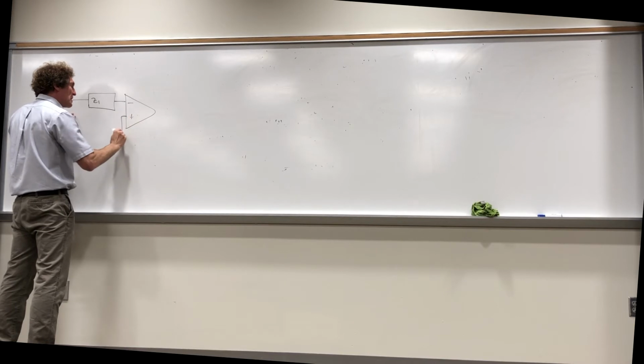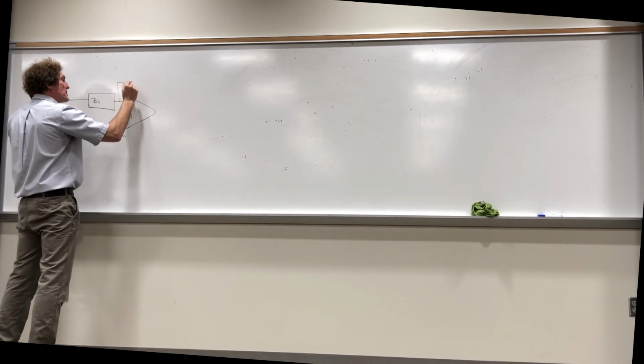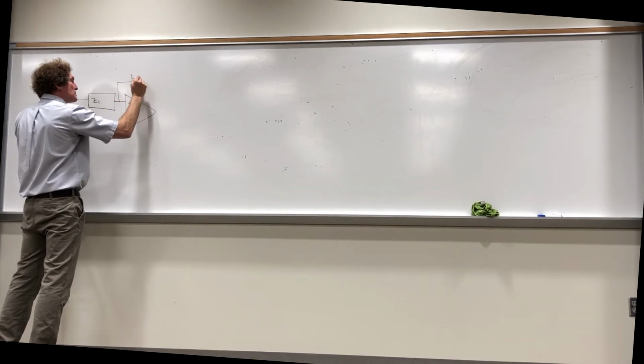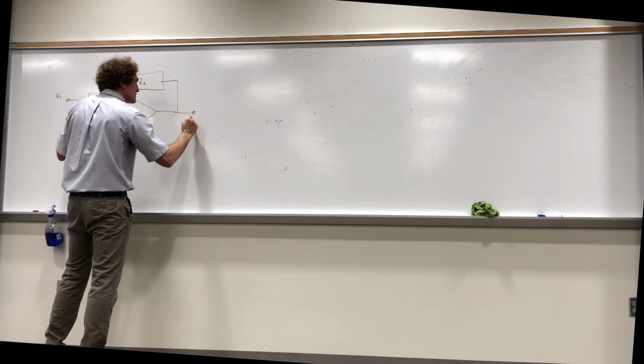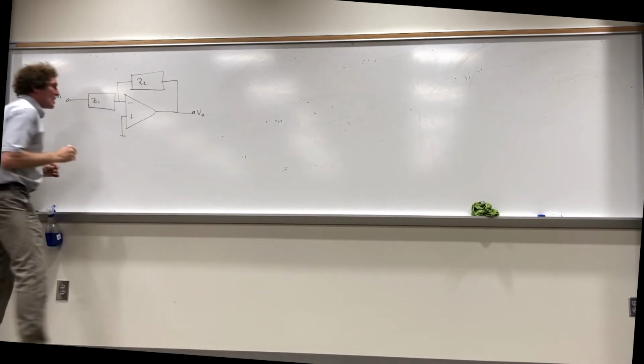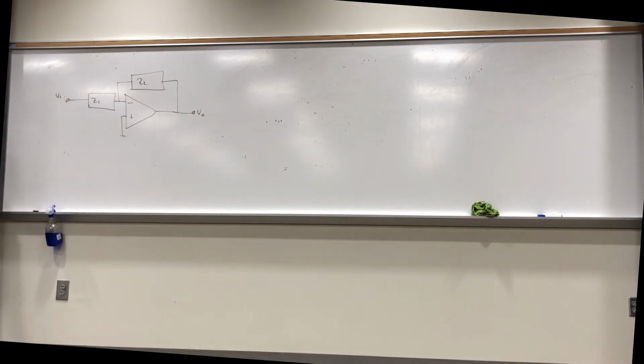This is plus. Then it comes up here. All right, now Z1 and Z2 can be anything, but they're in the S domain. What was the impedance in the S domain of a capacitor, anyone? 1 over CS. What is the impedance of an inductor in the S domain? SL. That's right. And they can be any combination of those things.